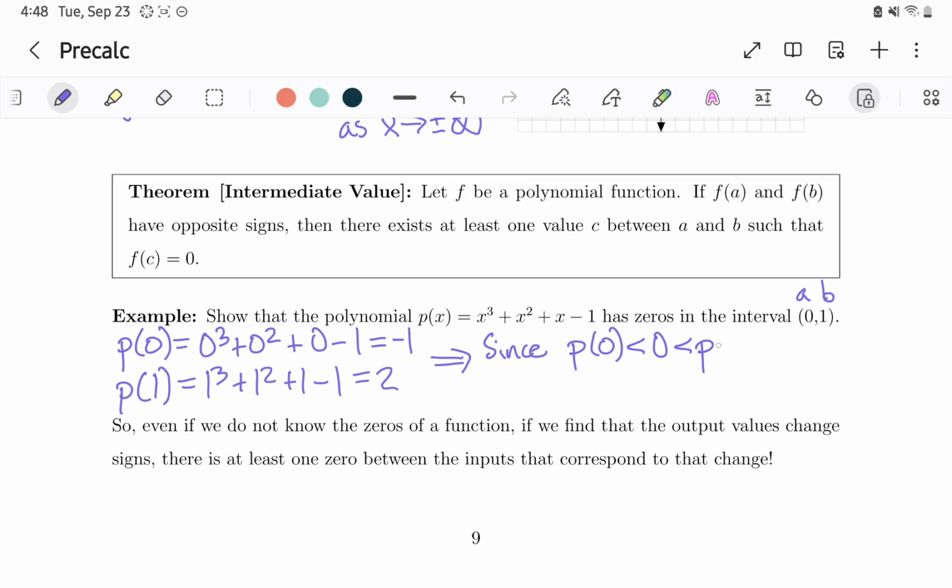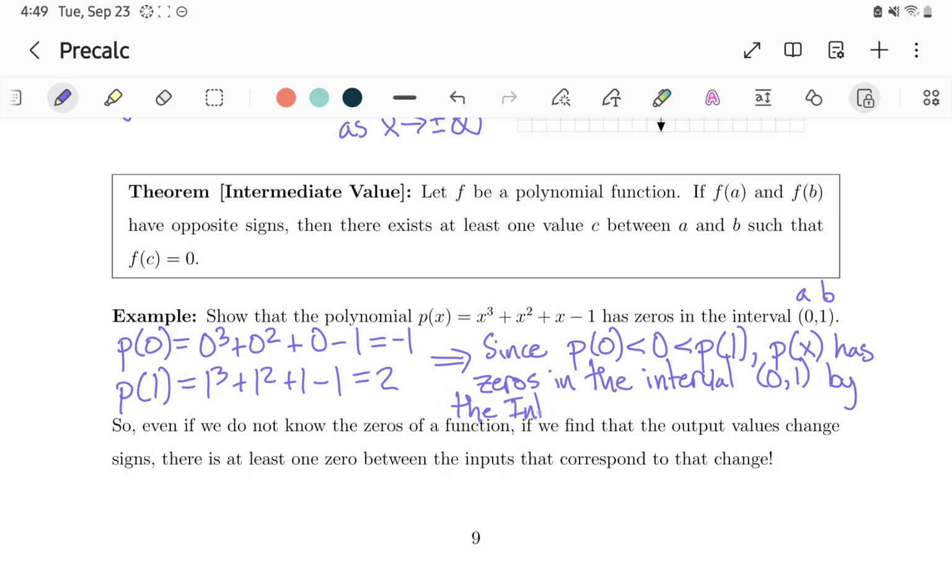Since p of 0 is less than 0 and p of 1 is greater than 0, meaning they have opposite signs, p of x has zeros in the interval 0, 1 by the intermediate value theorem.